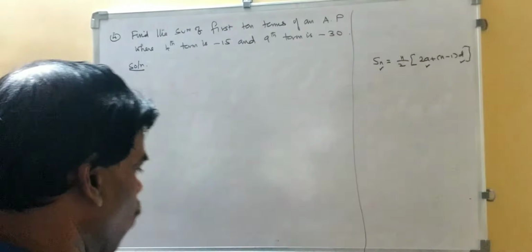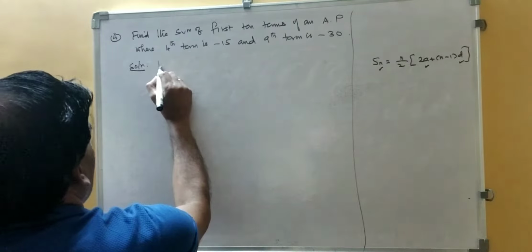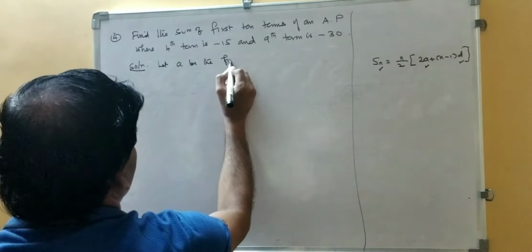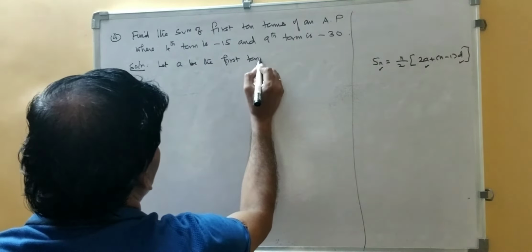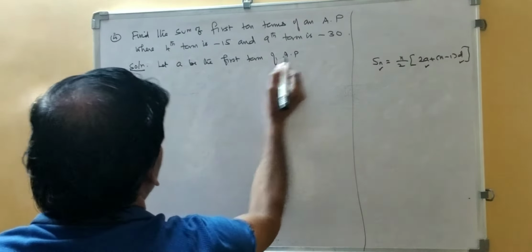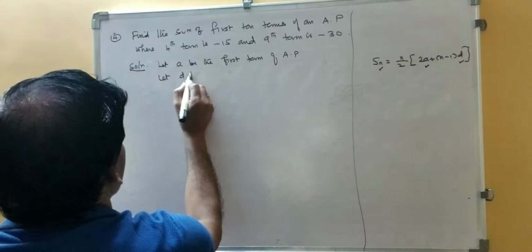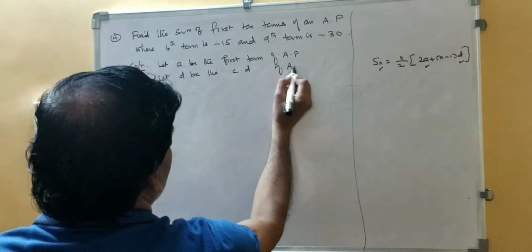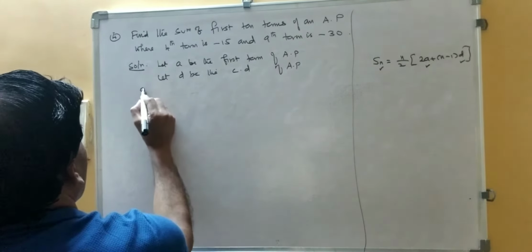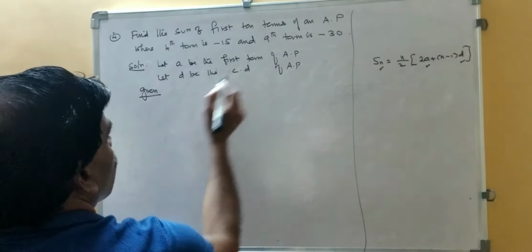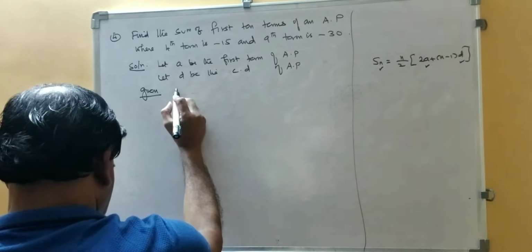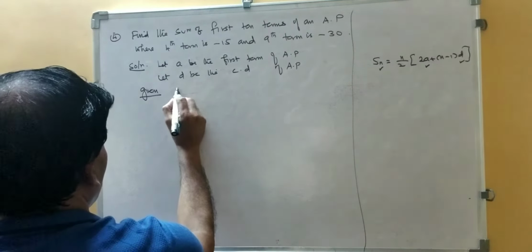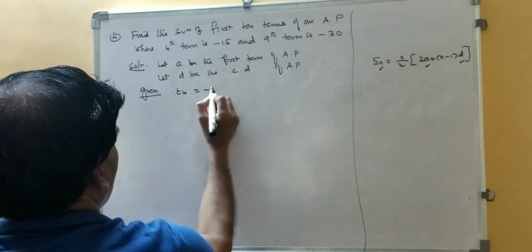Okay. Now let us do. Now let A be the first term of AP. Let D be the common difference of AP. Okay. Now what is given? T4 equal to minus 15.